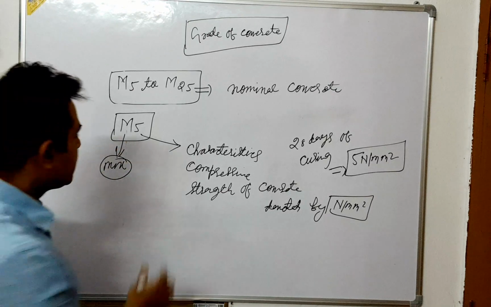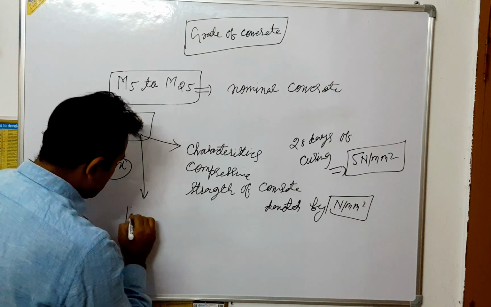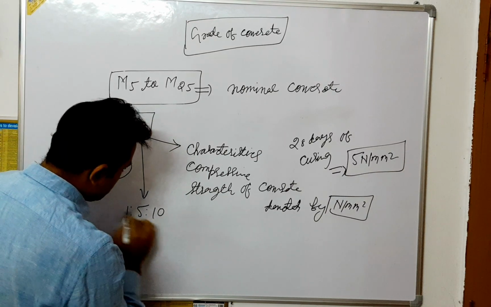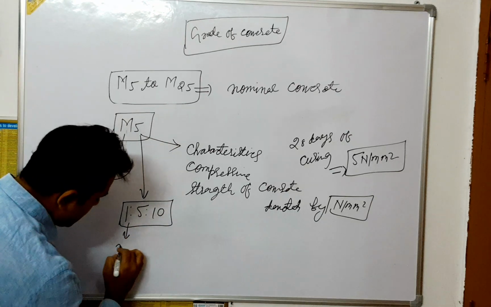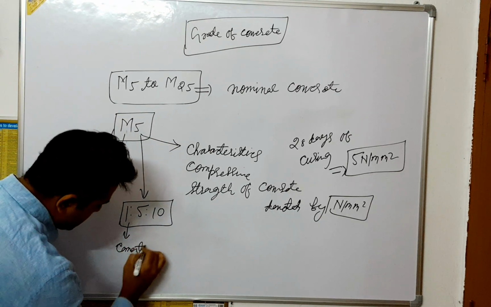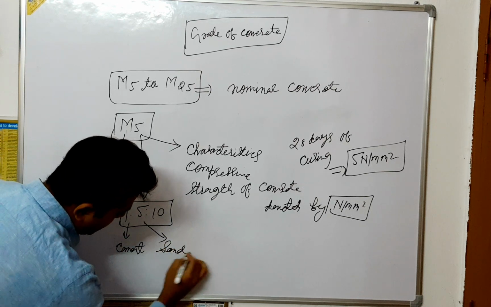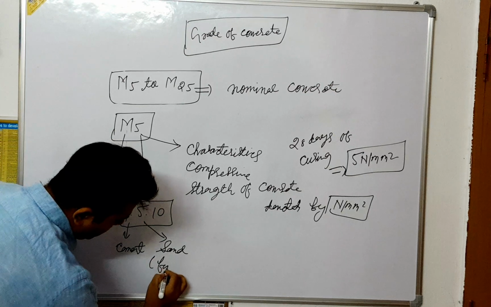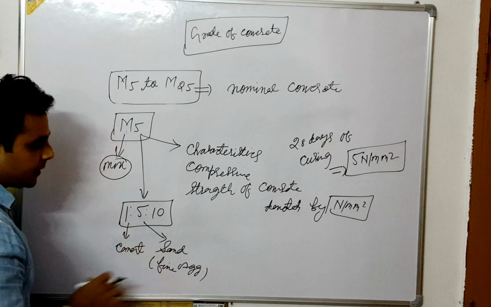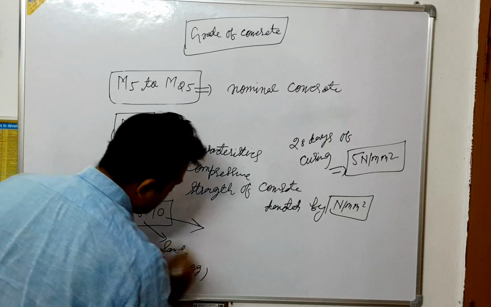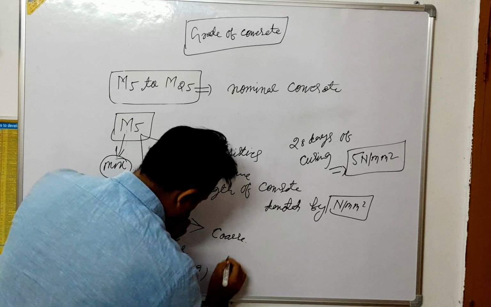Now we will see what are the proportions of M5 grade of concrete. The M5 proportion is 1:5:10. The meaning of this is that 1 shows the cement, 5 shows the sand, which is also called fine aggregate, and 10 shows the coarse aggregate.